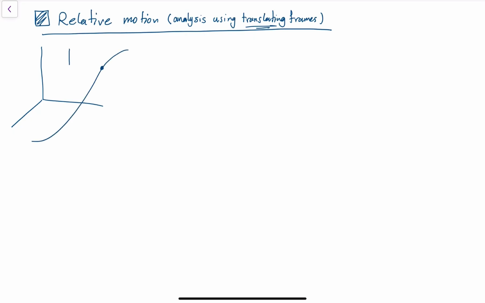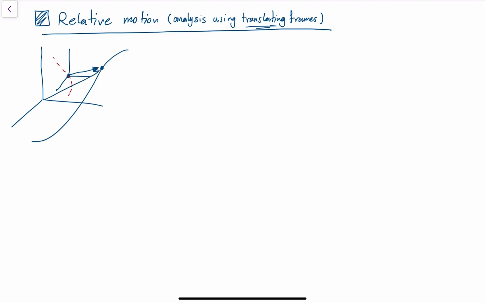And you have another particle, another point, another observer moving possibly along a different path. And imagine you are sitting on this second particle and you're moving with it. So what you see, what you measure about the motion of the first one is something that is different from the actual.